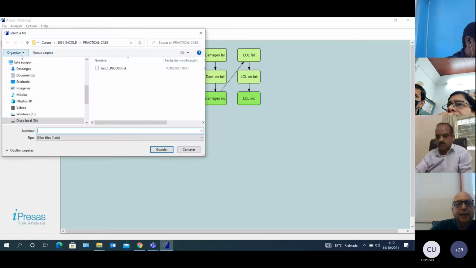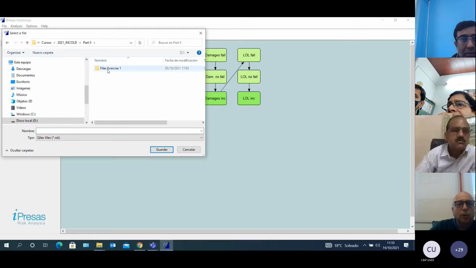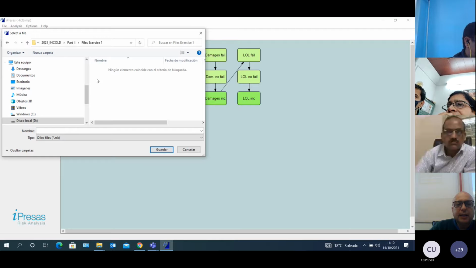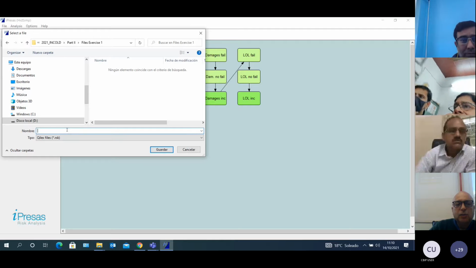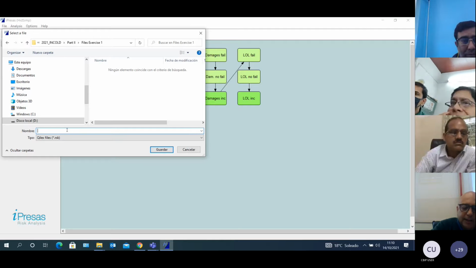File save as. Then I go to where you have your files is the ideal place, and then you put a name. I'm gonna say risk in call.